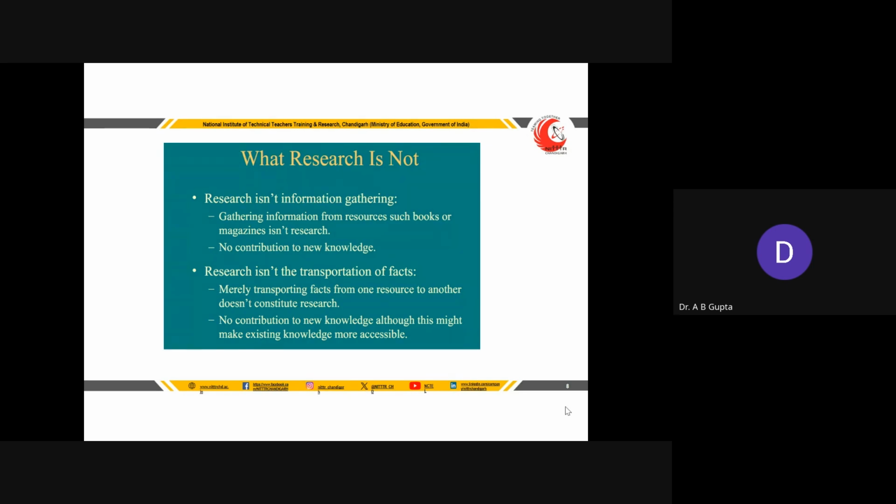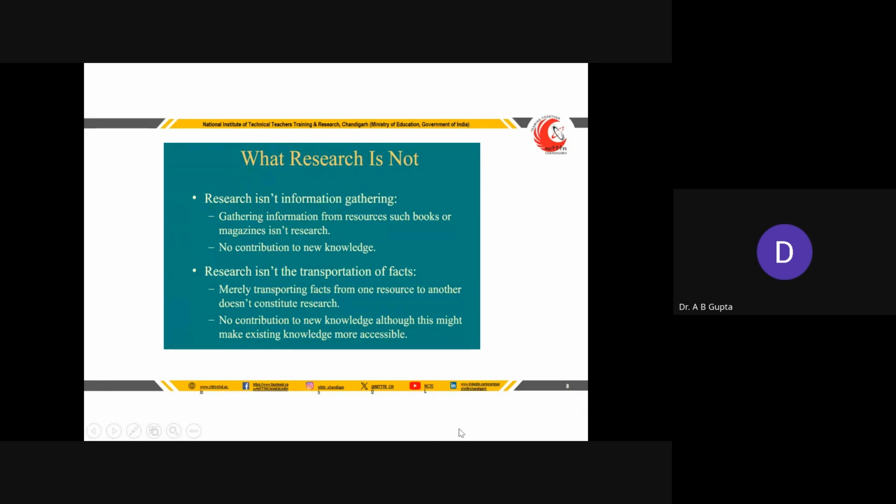That is not research, because as I discussed with you, research should ultimately lead to new knowledge. You are in pursuit of knowledge, in pursuit of truth or reality. So it should contribute to new knowledge. If that is not happening, that is not research. Merely collecting certain information or data is not research.